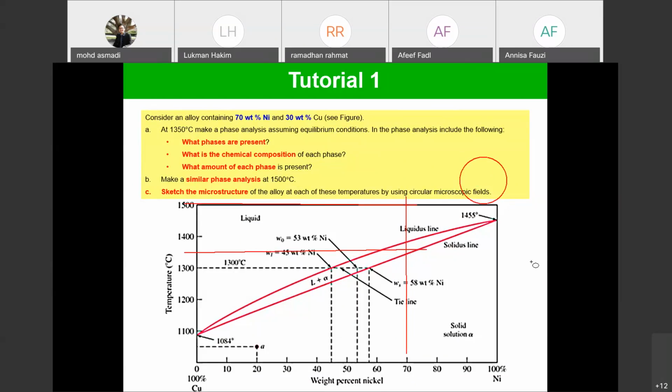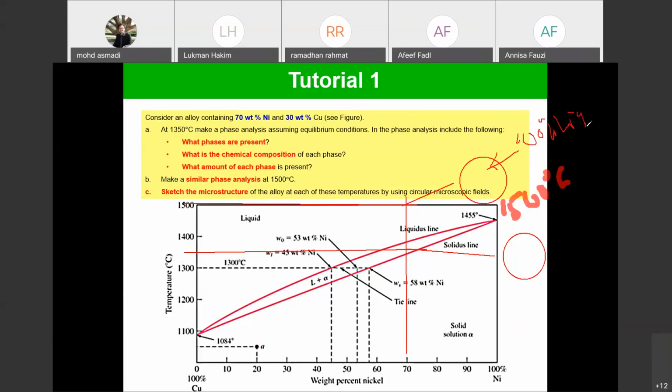This one also an oval shape, and then one line. This one and as well as this one. So this is of course 100% of liquid at 1,500 degrees C. So you write this one as 100% liquid.